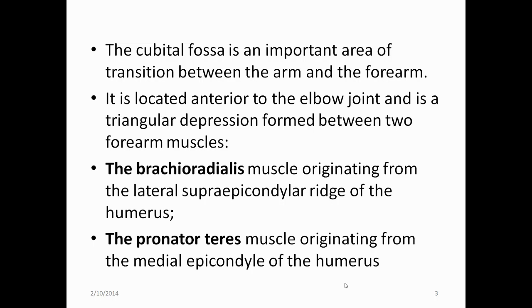Brachioradialis originates from the lateral supraepicondylar ridge of the humerus, and the pronator teres originates from the medial epicondyle of the humerus.